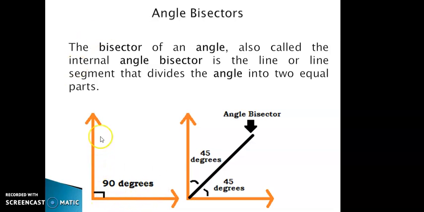In this example, this angle is of measure 90 degrees. When I have constructed the angle bisector, these are the two angles which you will obtain after bisecting this angle. As bisector means two parts, it means you will obtain two equal angles after the construction of the angle bisector.